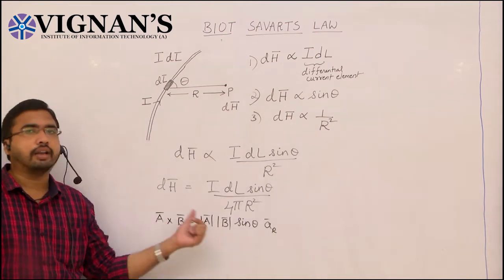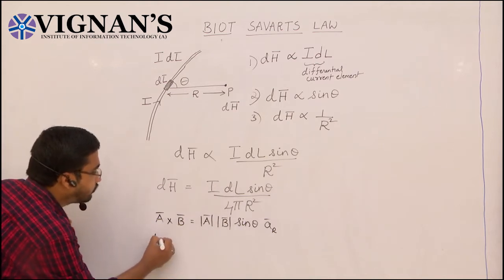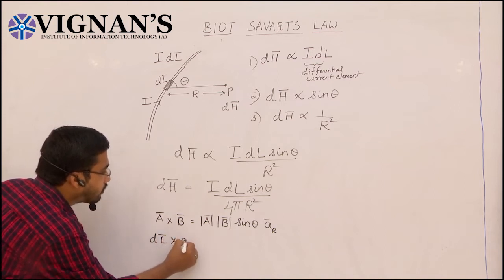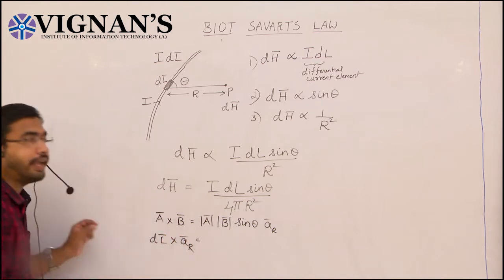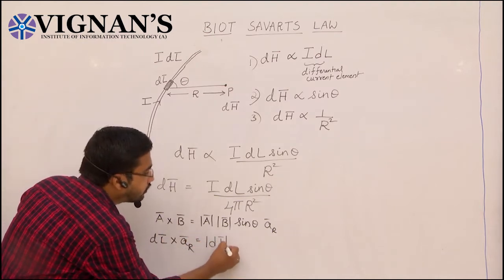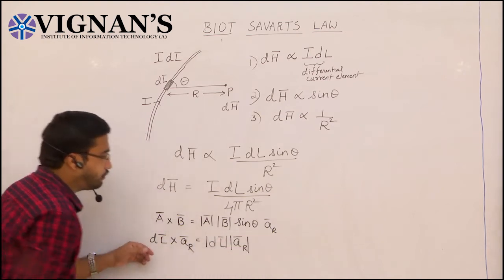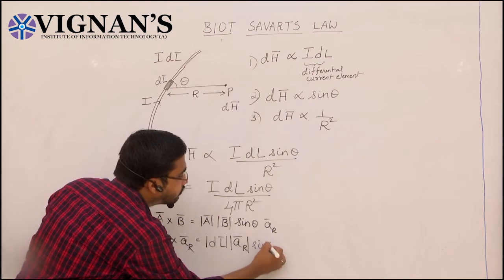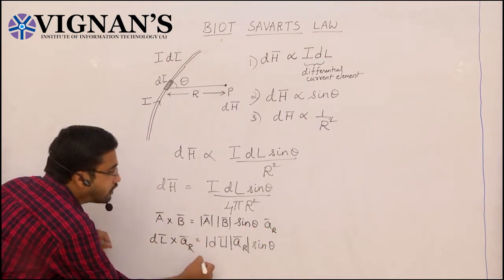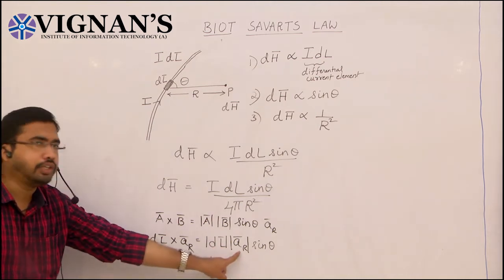Now here you can observe, if I take the cross product of dl bar cross ar bar, then you can see mod dl into mod ar bar into sin theta. Here you can clearly observe the magnitude of the differential length is simply dl. What is the magnitude of a unit vector?